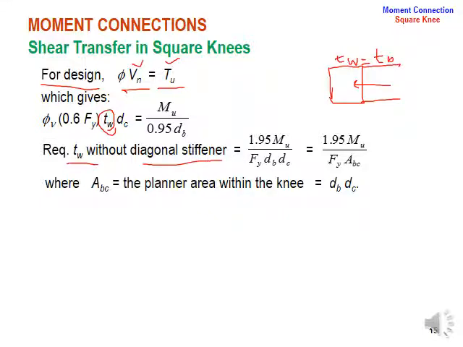If we are continuing our column within this knee connection part, then we have to check our Tw against Tc, the thickness of the web of the column. Here Tw represents the thickness of the web for this knee part, where ABC is the planar area within the knee, that will be db into dc. Finally you can take out this Tw and get the required value, and remember, this is without the diagonal stiffener.